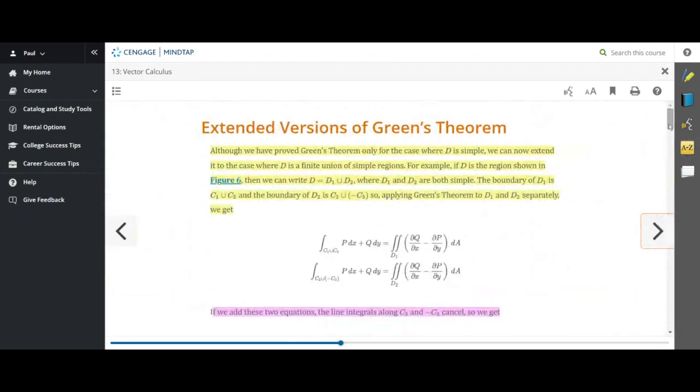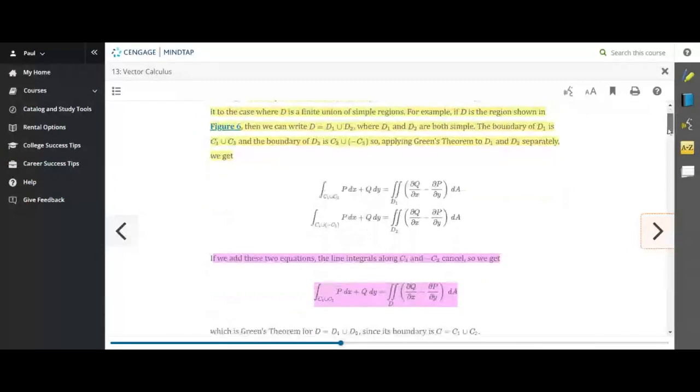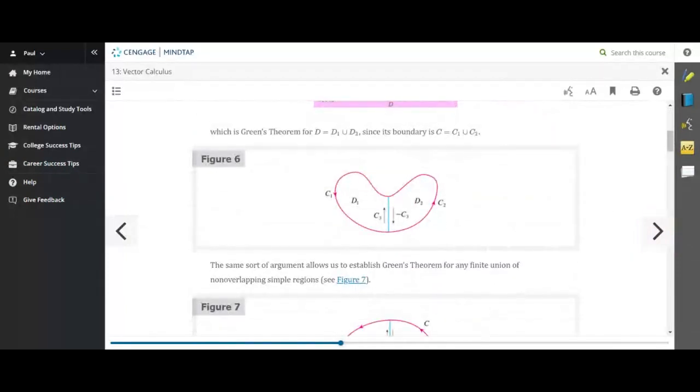You can have extended versions of Green's theorem. For instance, in figure 6, you can have the union of two simple regions, region D1 and D2.